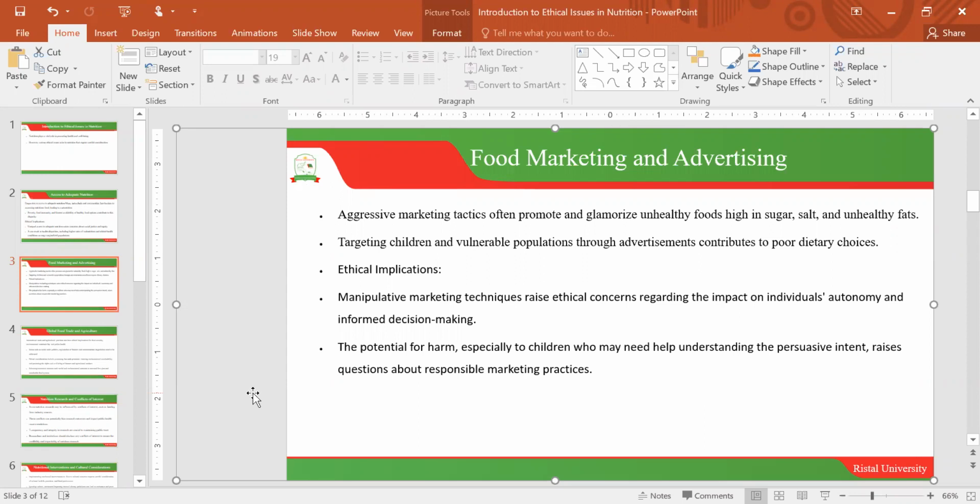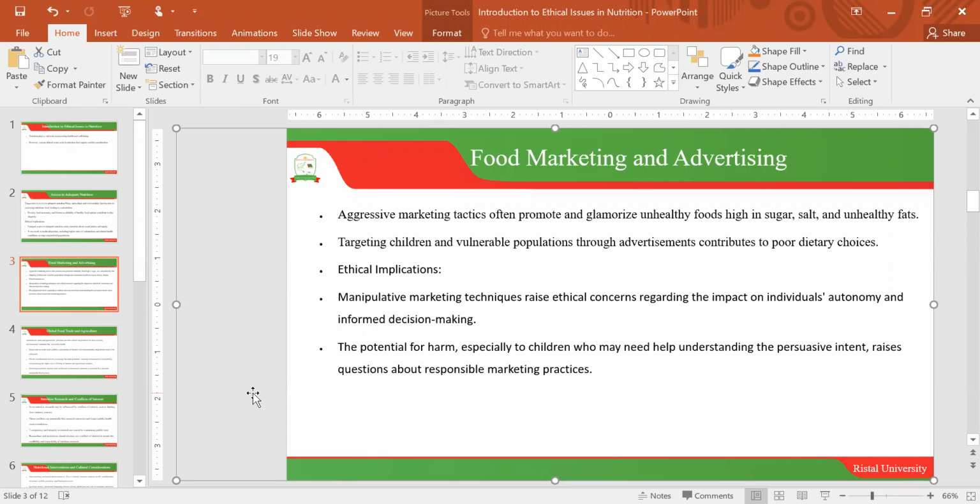Okay? So sometimes they over-exaggerate the importance of certain foods. This is what we call manipulative marketing. It's not good because the children will see these attractive designs on given foods, sweets, for example, these processed juices.